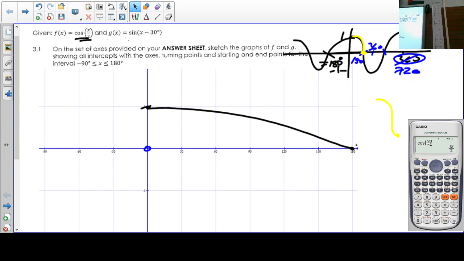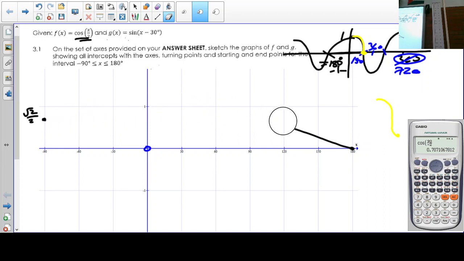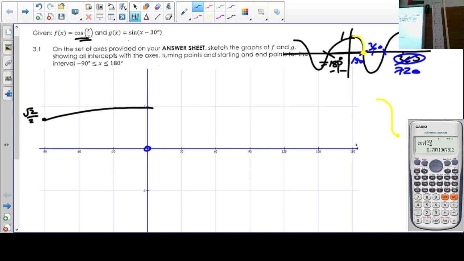So it's going to be root 2 over 2, which is 0.707. So at negative 90, it's 0.707, so that's going to be root 2 over 2. Okay? So remember, this is the maximum value. So the graph goes up there. Just draw it. It's normally one smooth curve there. We just do it properly. So it goes from there to 1 and down to 90, to 180.